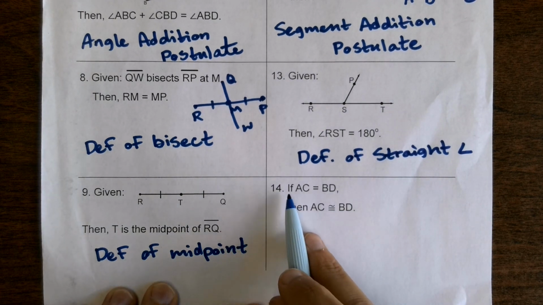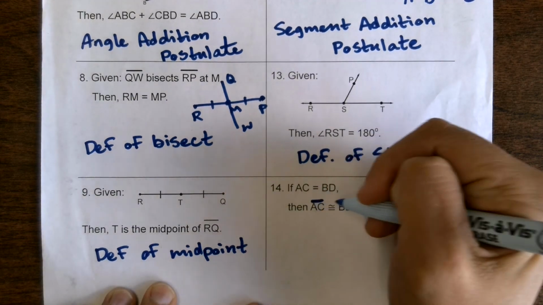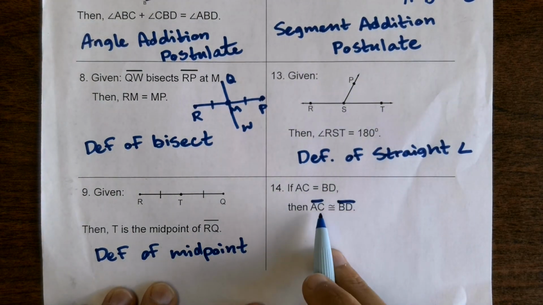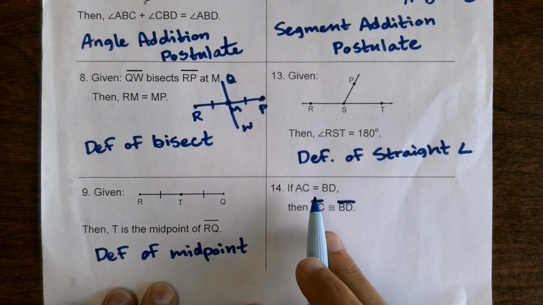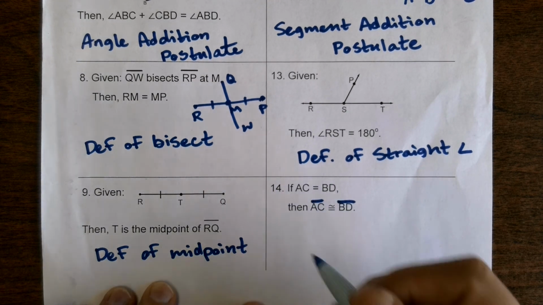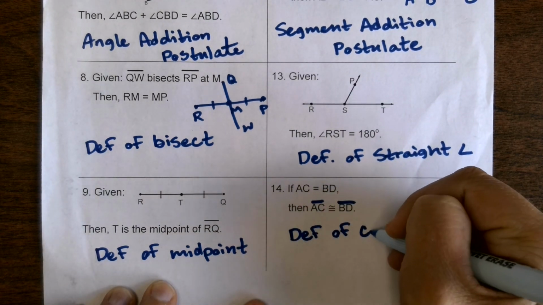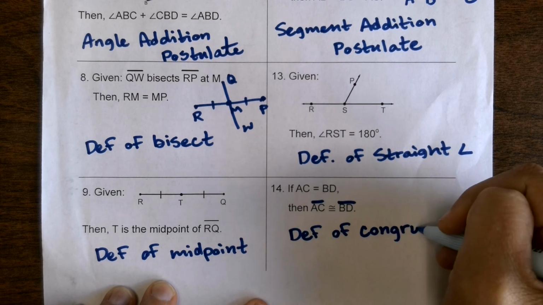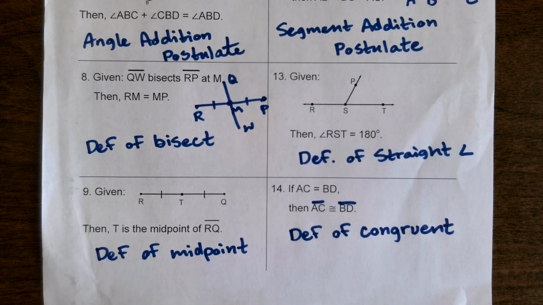And then our last one, if AC is equal to BD, we know that segment AC is congruent to segment BD. The reason I know if they're equal, then they're congruent, is by the definition of congruent, which says if their lengths are equal, then the segments themselves are congruent.